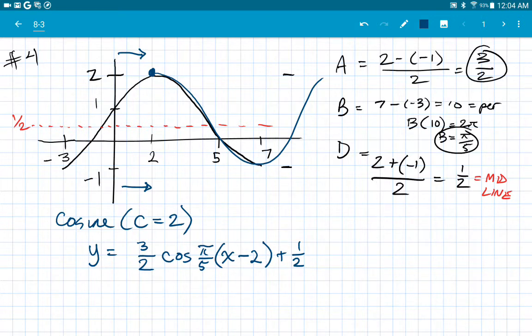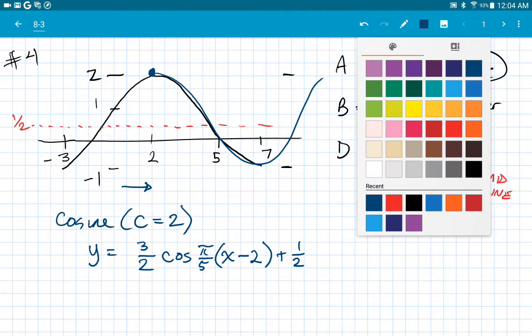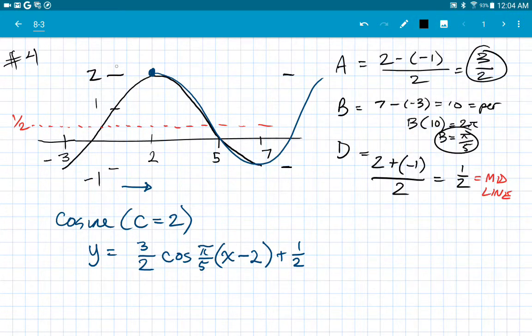Basically what I did was I did a cosine graph like this, and then the -2 was saying take this entire line and move it over 2 units to the right, and that's the graph that we formed there. Okay? Alright, so let's go ahead and now find our sine graph.